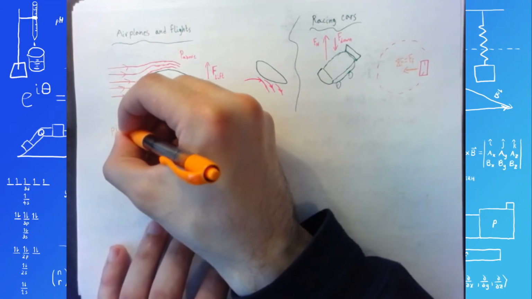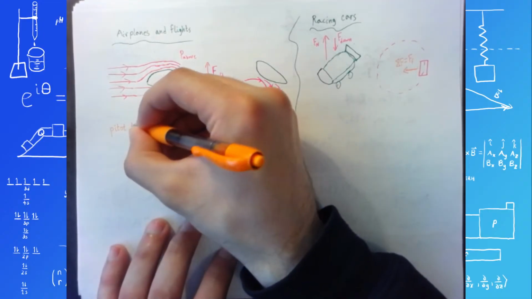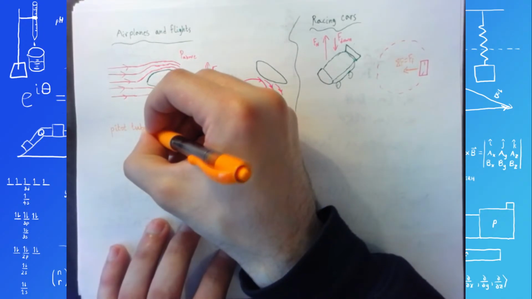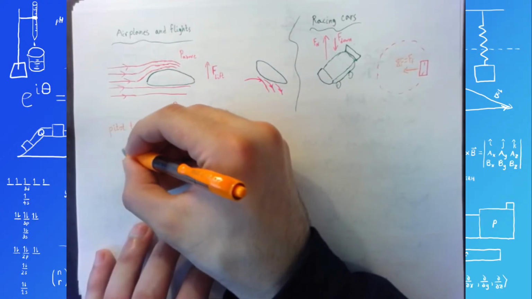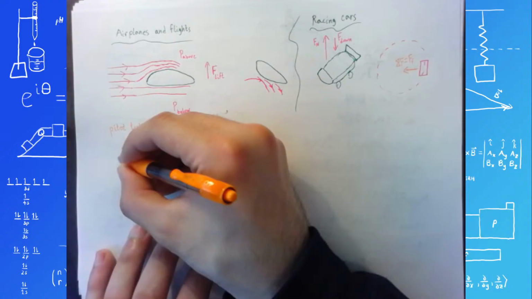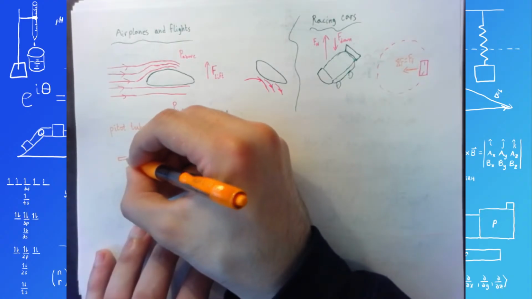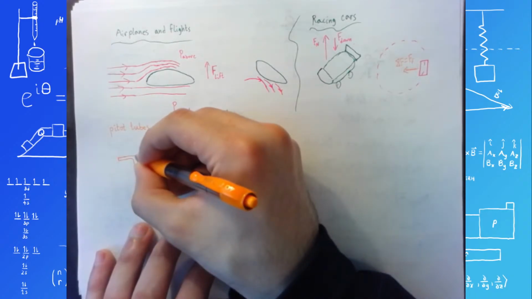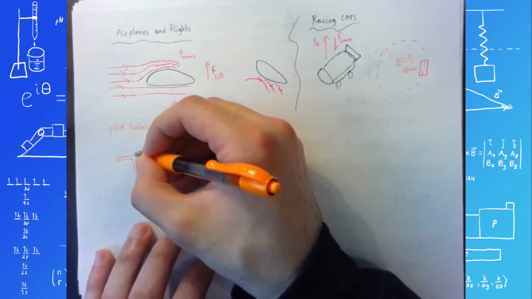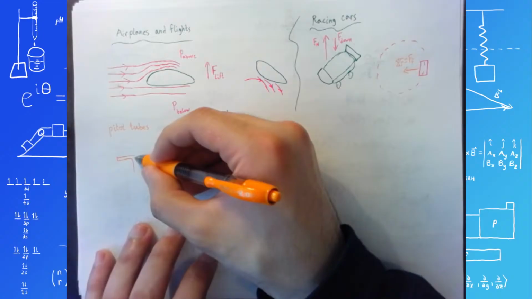Pitot tubes. So the way pitot tubes work is, well, I'm going to draw 2 different types of this thing. I'm going to draw like the official design and the design that's easier to explain.